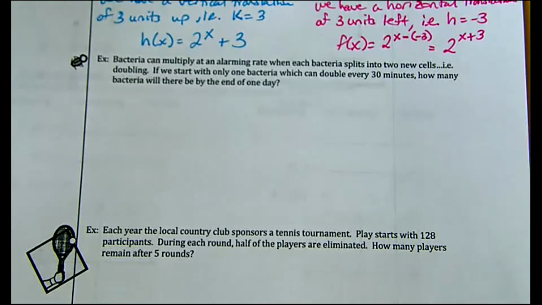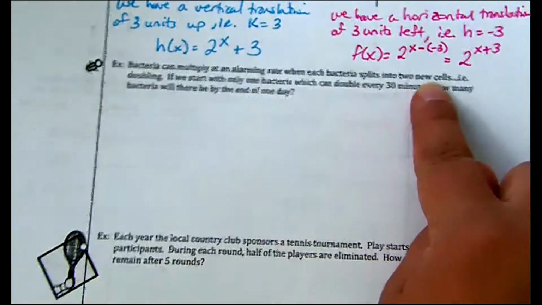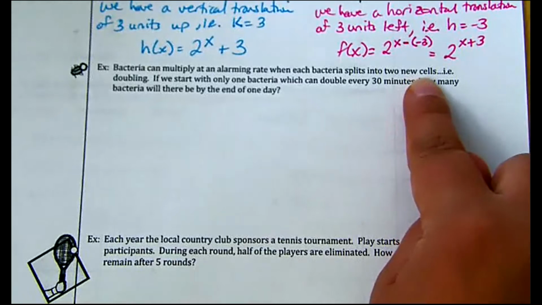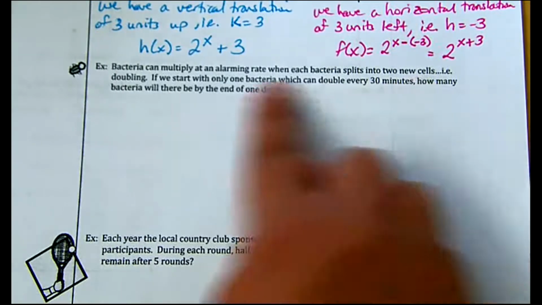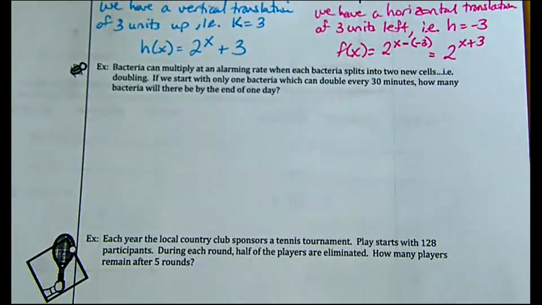So the initial statement is giving us our B. It's giving us our growth. Can anyone figure out what our B is going to be? Our growth. I don't want to say growth rate because that's the wrong term, but our exponential growth factor.